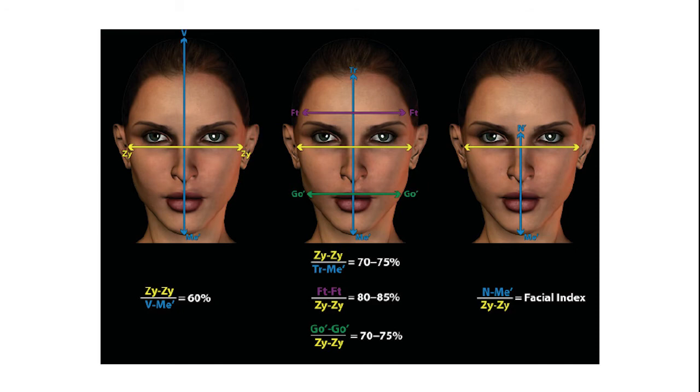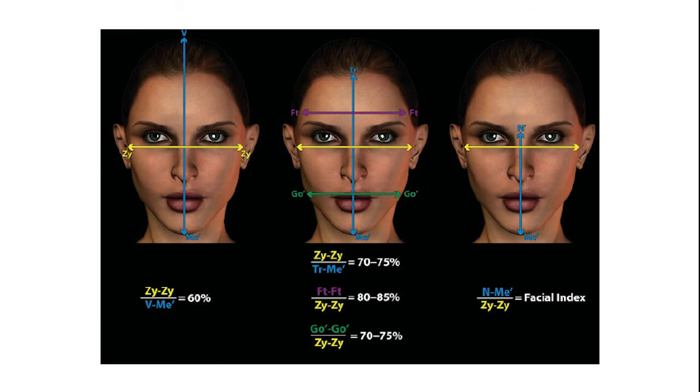The facial index, FI, is calculated by the formula: facial height, soft tissue nasion to soft tissue menton, is divided by the bizygomatic facial width, and this number is multiplied by 100.